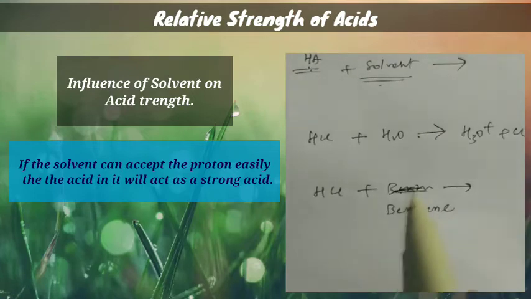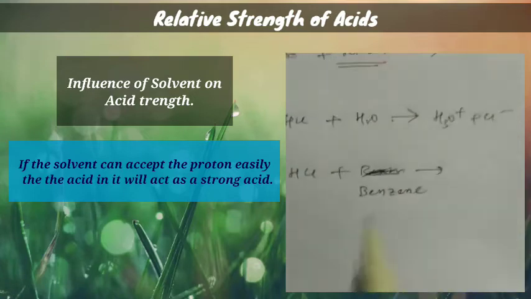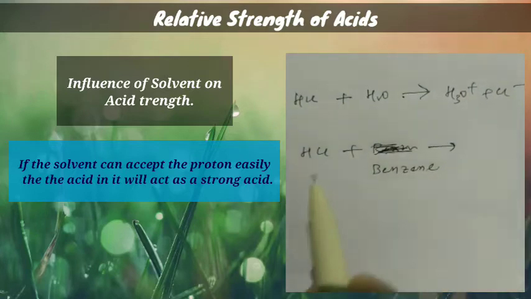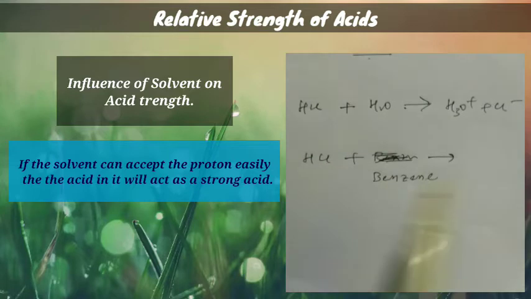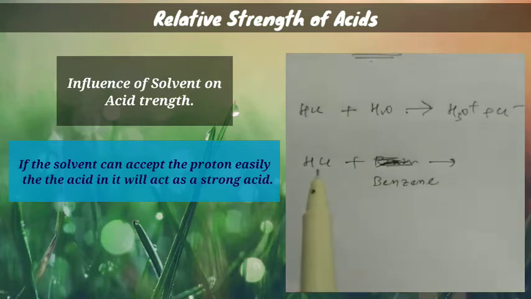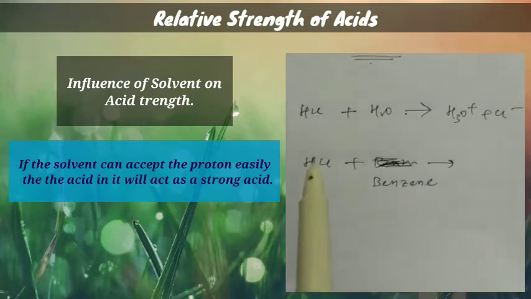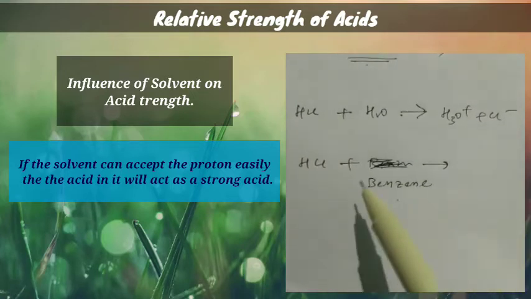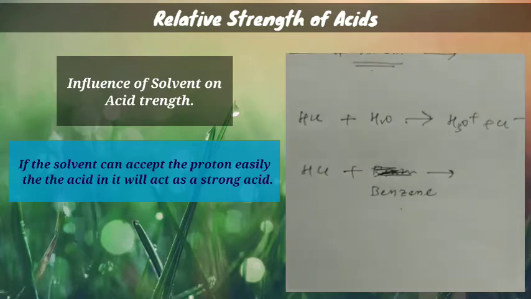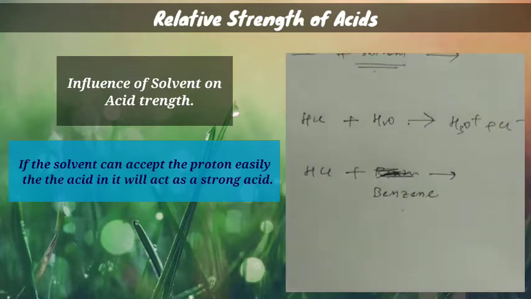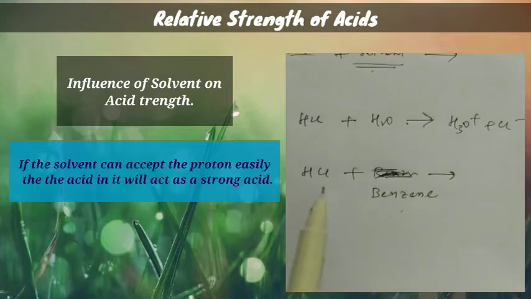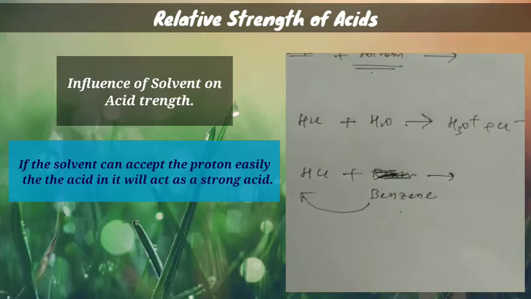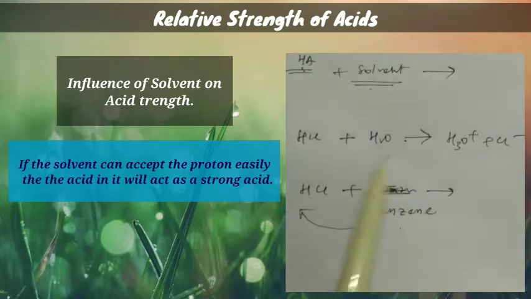benzene, B-E-N-Z-E-N-E, try to write this properly, HCl. When you add the same HCl in a different solvent, it may not show the same strength; it may not act as a strong acid. Maybe this benzene cannot accept the H positive ion as easily as water.